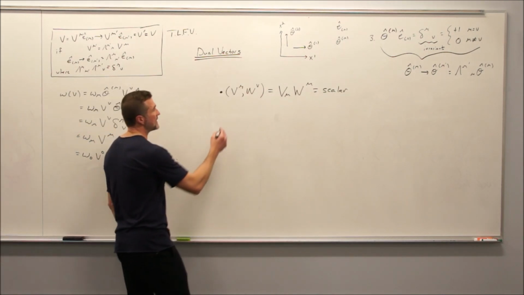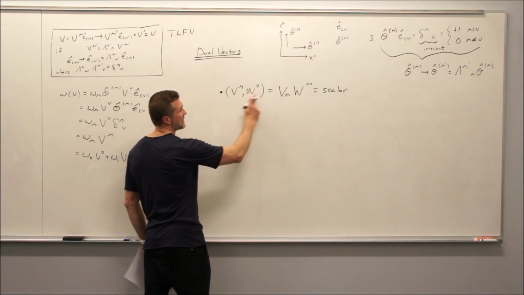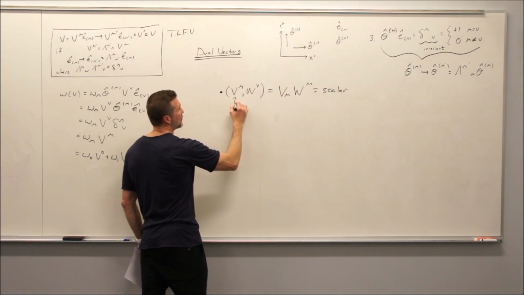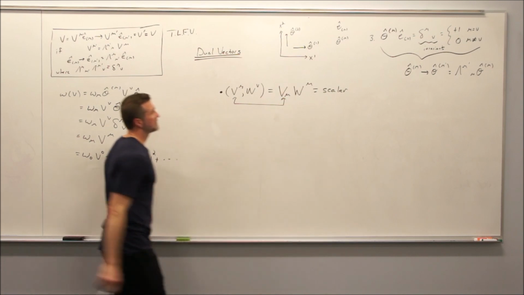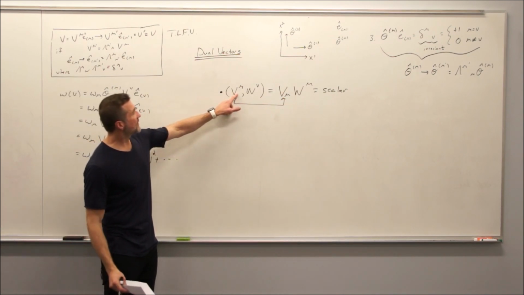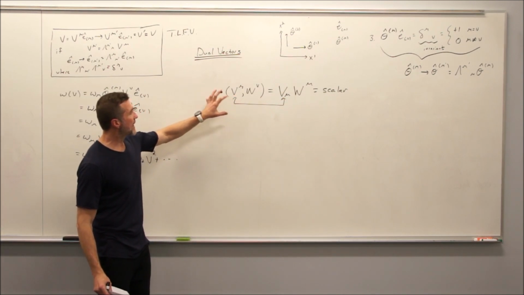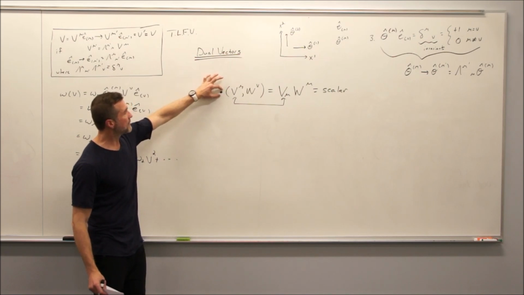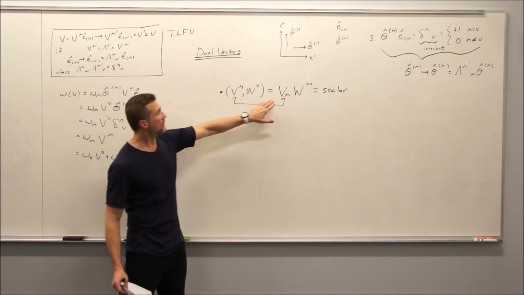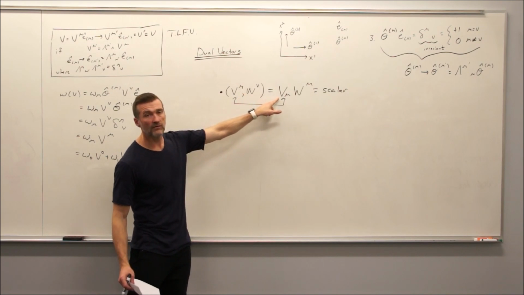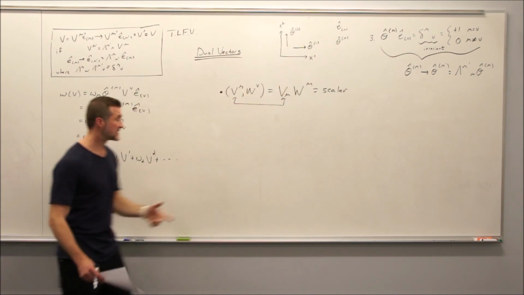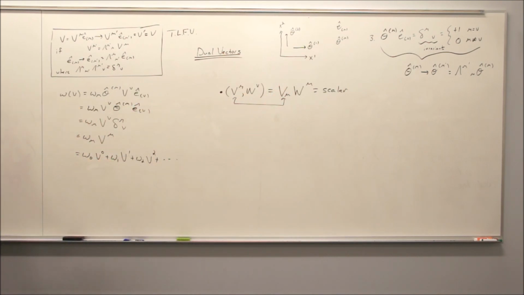But the question is, okay, this W is the same as this W. How do we formally do this? So how do I start with a vector V and then somehow, through some magic of this operation we call the dot product, turn this vector into a dual vector so that this combination gives us back the kind of expression we're used to?